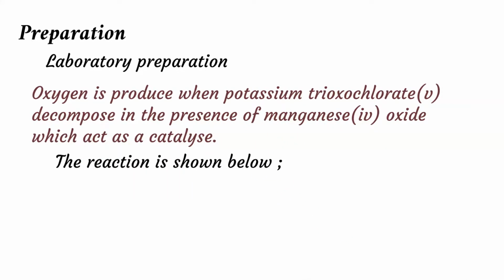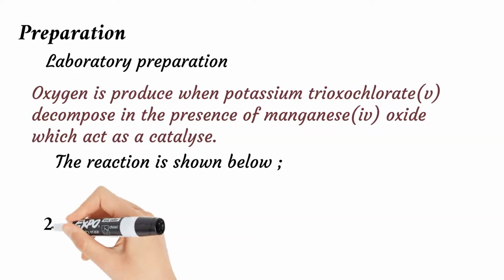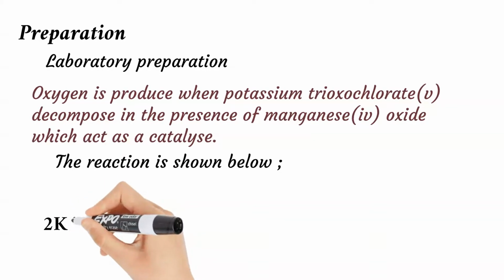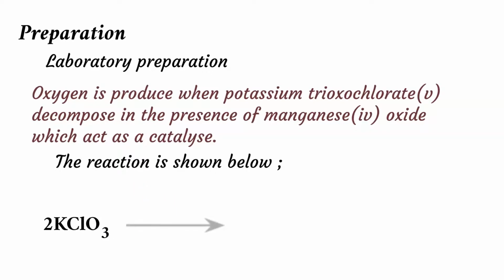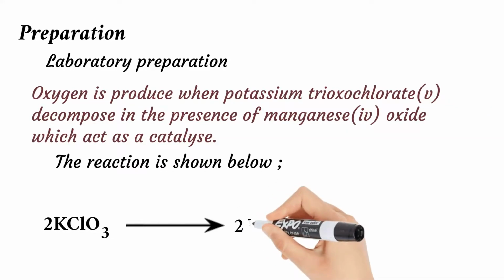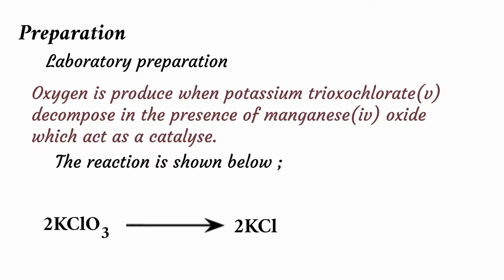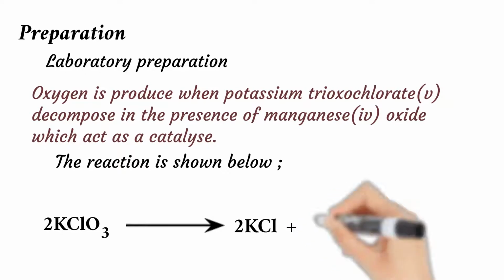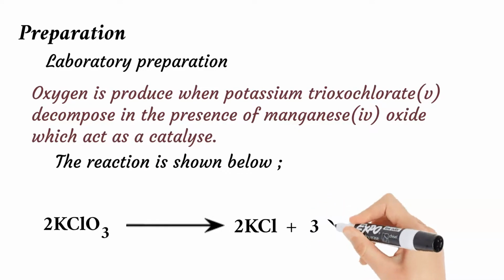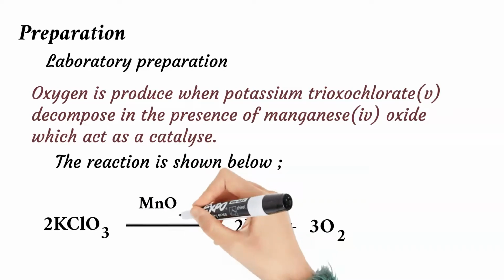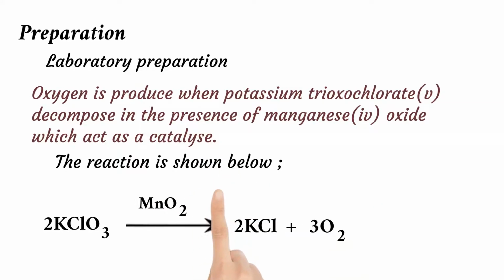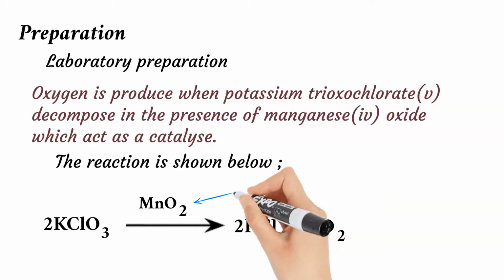So potassium trioxochlorate 5, which is KClO3, breaks down to give us KCl plus oxygen. So oxygen is a gas, KCl is a solid. Manganese 4 oxide is present as a catalyst to speed up the reaction.